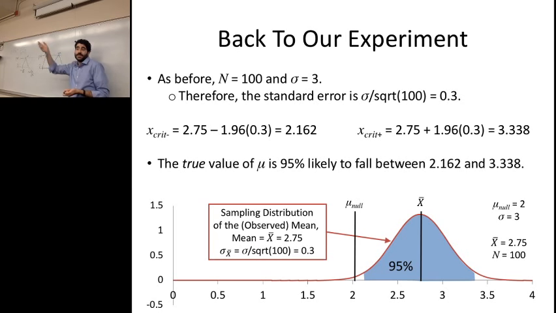If we want to be right 100% of the time, then we can just guess that mu is somewhere between negative infinity and infinity, and then we're right 100% of the time. It's not very useful, but we'll always be right. So if we want to be right 99% of the time, we're going to need a bigger interval than a 95% confidence interval, right? We're unwilling to be wrong. We only want the true mean to fall outside what we guessed 1% of the time.